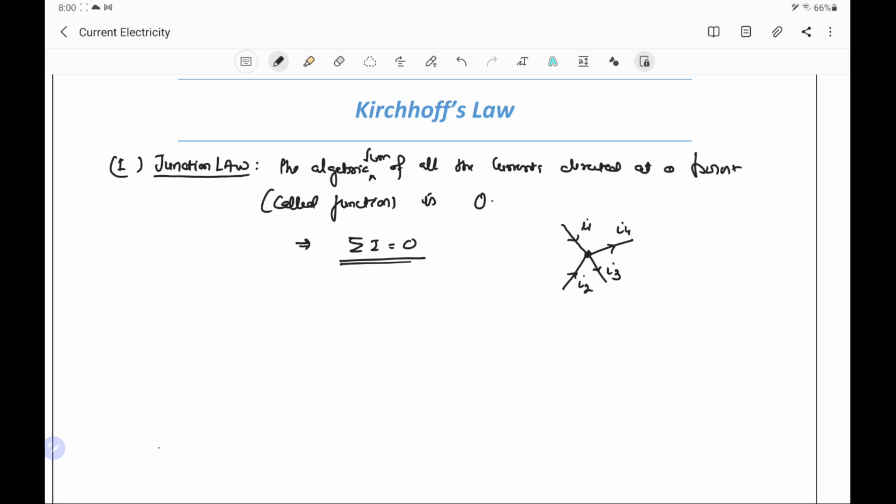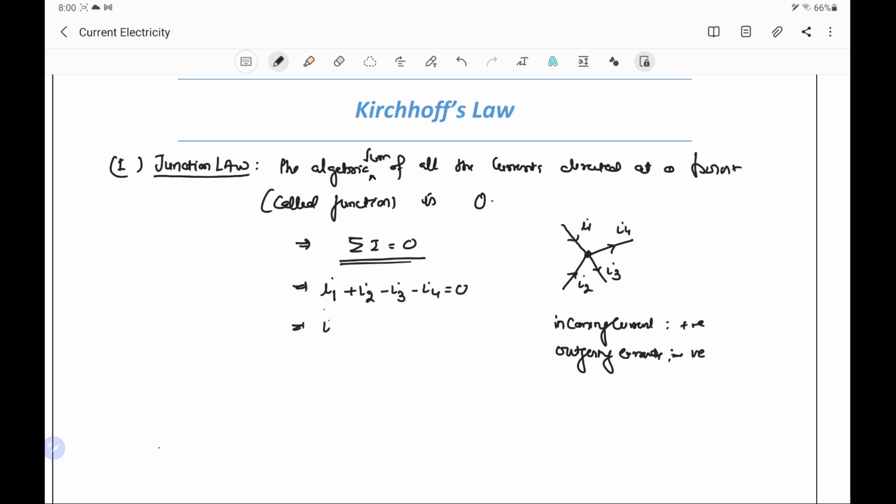As per the junction law, if we take incoming currents as positive as per convention and all the outgoing currents negative, then from the given example, I1 is positive plus I2 is positive, I3 is an outgoing current so it is taken negative, and I4 is also negative, and this sum is 0.